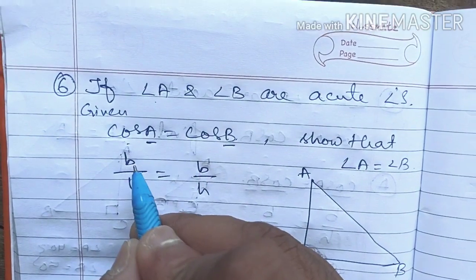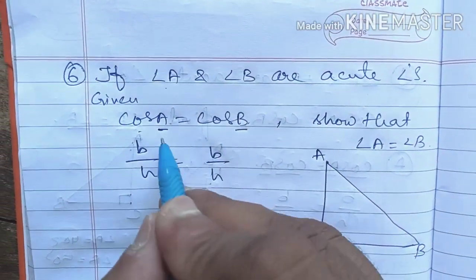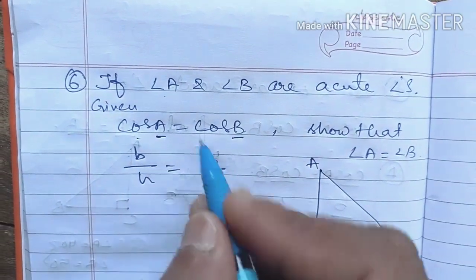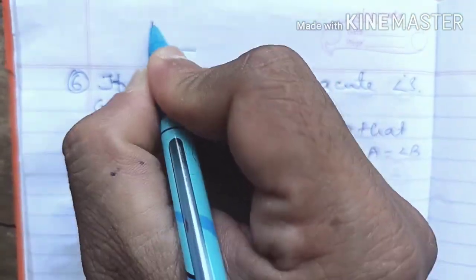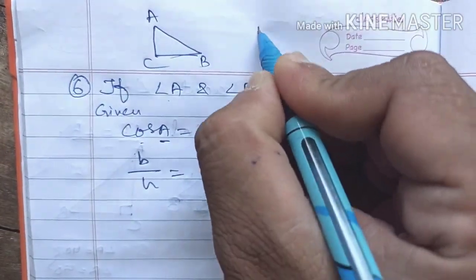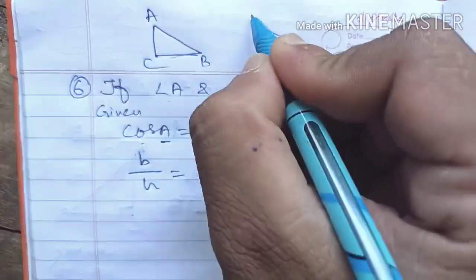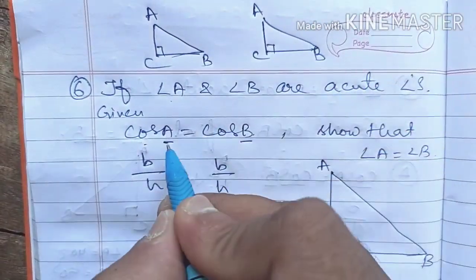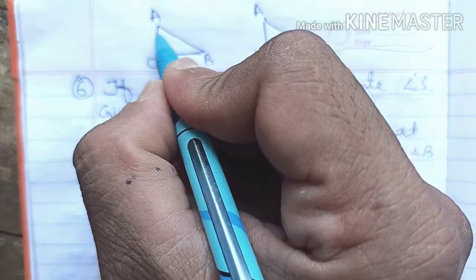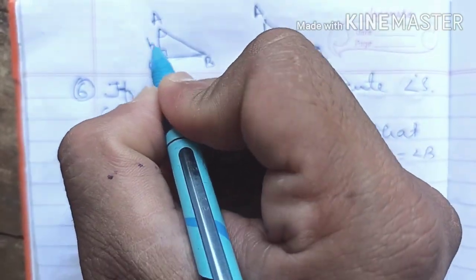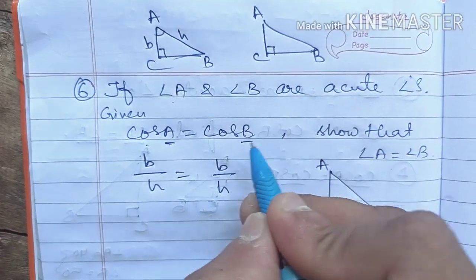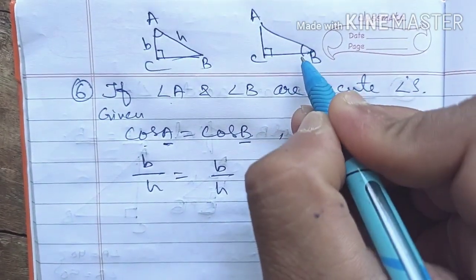But the angles are different here. So as in the earlier question, for 2 different angles I drew 2 different diagrams, here also I will draw 2 different diagrams. Just see, I am drawing very small diagrams so that you will be able to understand. A, B, C. Okay, this is 90 degrees. For angle A, I will draw a small arc here. So this will be base, opposite of 90 degrees is hypotenuse. For angle B, I will draw an arc here.